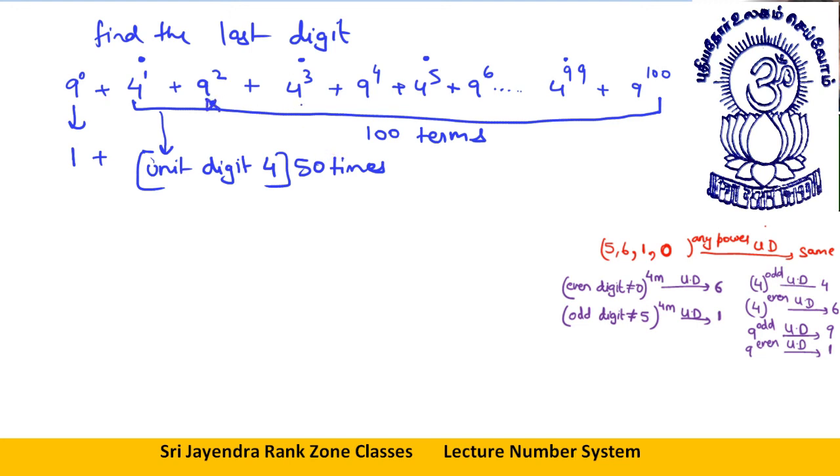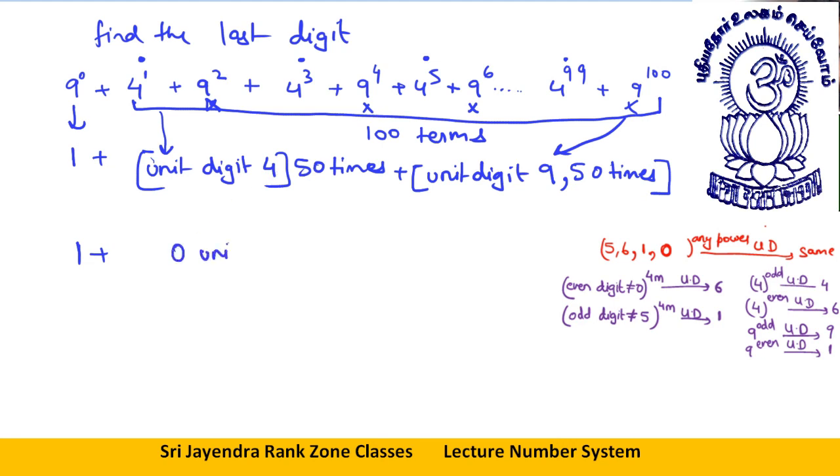From here, the crosses, I get a plus unit digit 9 also 50 times. Okay, so this is 1. Anything you multiply by 50, you will get a 0 unit digit.